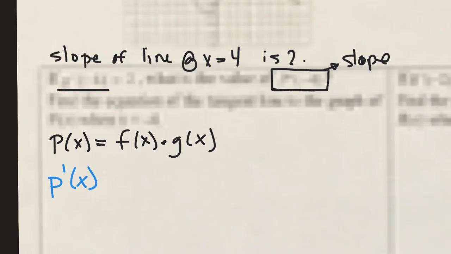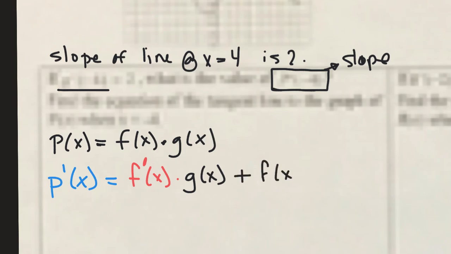So we start with P prime of X. P prime means we're taking a derivative. Your product rule says that first we take the derivative of the first thing, so F prime, multiplied by the second, plus the normal first multiplied by the derivative of the second.